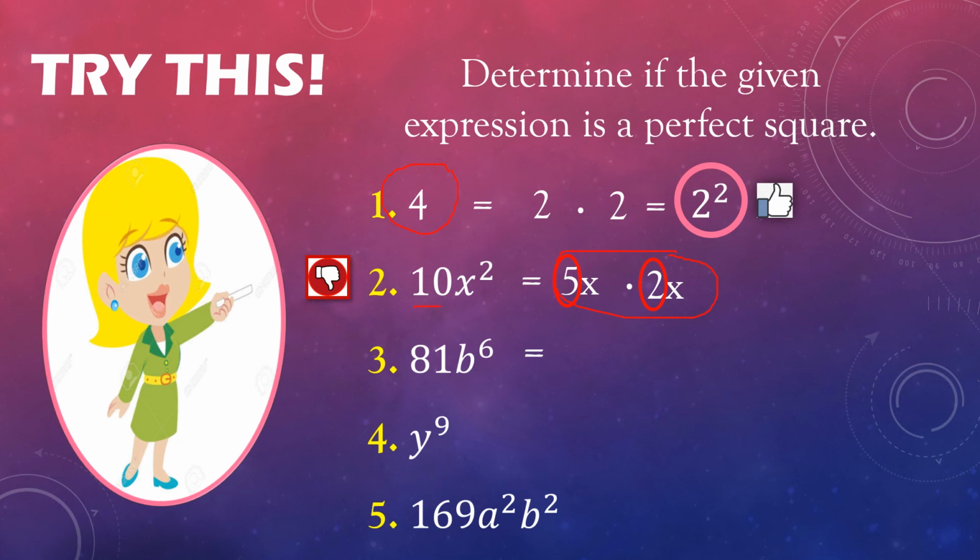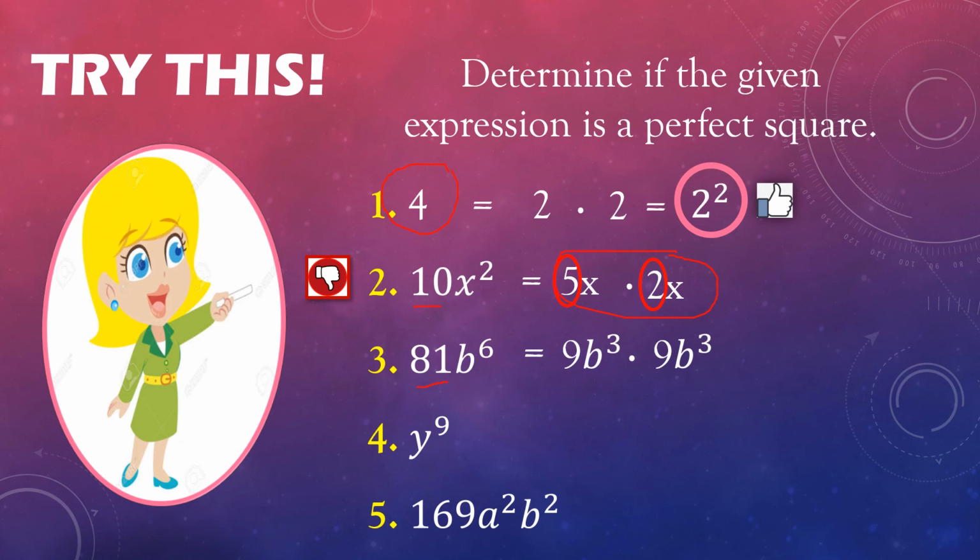Number 3, 81b raised to 6. What are the factors of 81? Correct. We can use 9. And in the variable, you can use b cubed times 9b cubed.